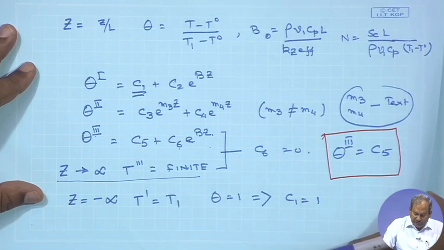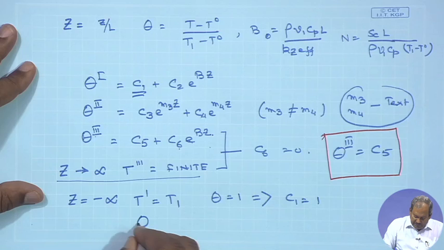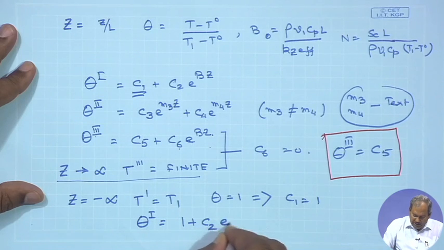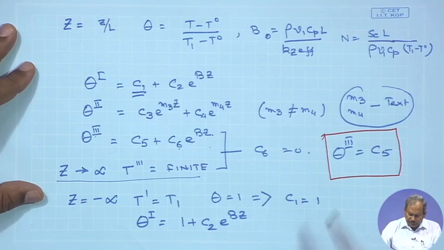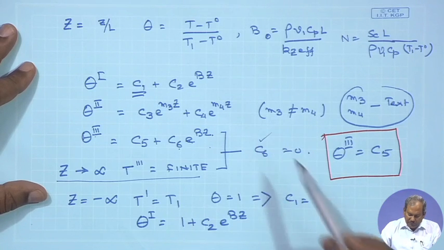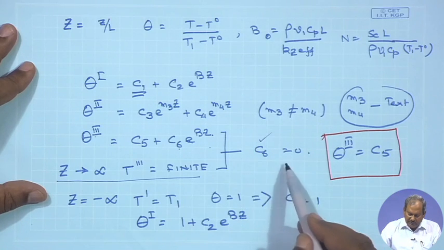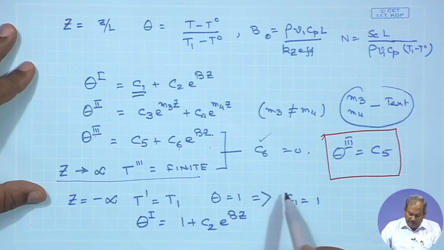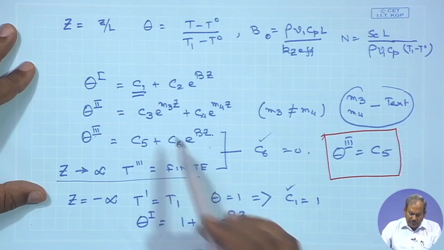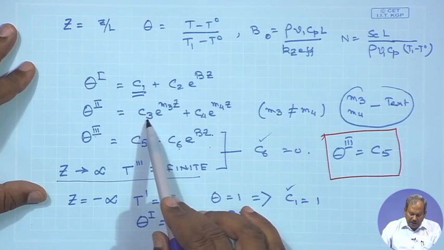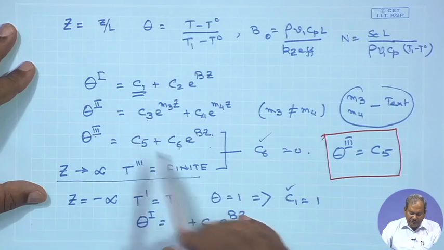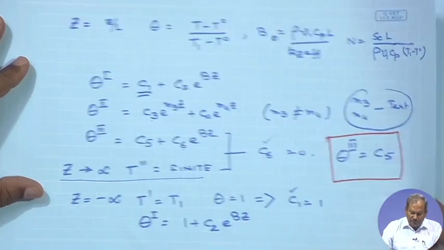So, theta 1 is simply going to be 1 plus C2 e to the power Bz. So, C6 I can easily find out from the understanding, C1 can be found out, and using the other boundary conditions C3, C4, etc. can also be found out.